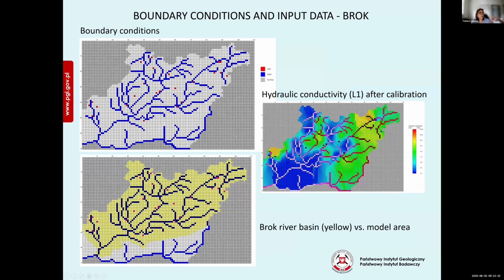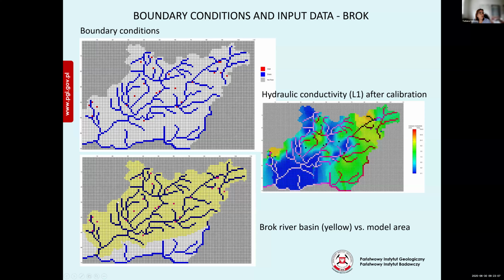In the Brock model, the boundary conditions and parameters were defined similarly to those for the Solokia River. However, due to the potential for strong drainage by the Buk River, the southern model boundary was extended all the way to its riverbed. The extent of the Brock catchment in the model is shown in yellow.